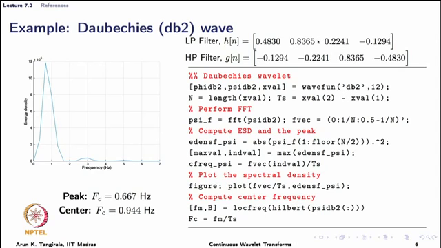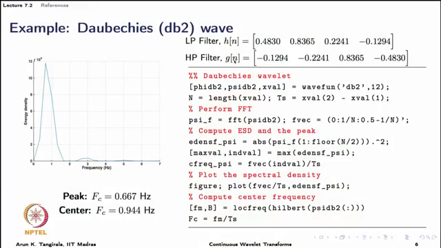As I said just now, the Daubechies wave does not have a closed form expression. Instead, we generate the wave using what are known as the filter coefficients. Remember that the wavelet acts like a band pass filter. So, the filter coefficients given in G, that is a high pass filter, allow me to generate the Daubechies wave, and the low pass filter coefficients, you can say, are a cousin of this high pass filter, which allows me to generate what is known as a scaling function.